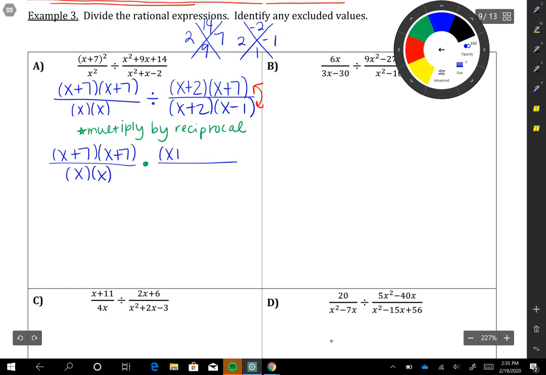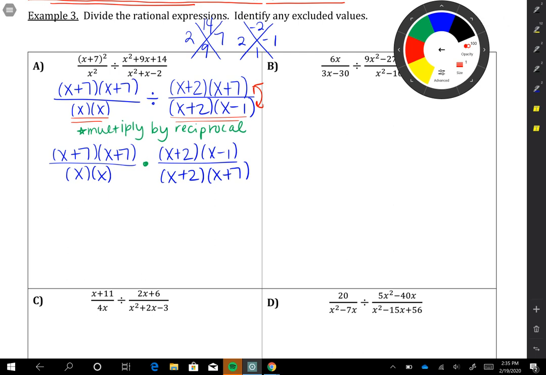So now you have x plus 2 times x minus 1 on top, and x plus 2 times x plus 7 on bottom. We're going to do our excluded values right now, understanding that in the original problem, our denominators were these expressions, but after we did the reciprocal of the second expression, our numerator that was in the first one is now our denominator.